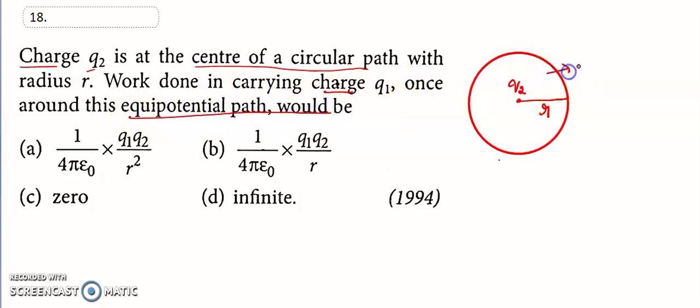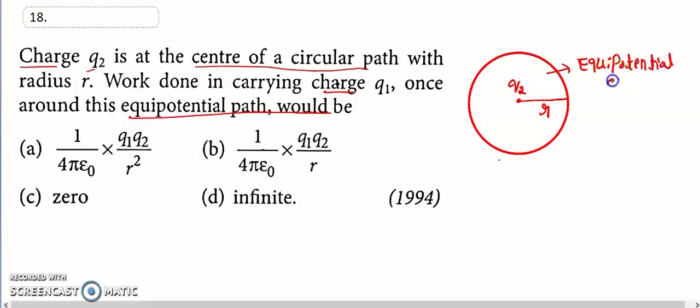So this is called as what? Equipotential surface. Okay, equipotential surface. So what is the work done in equipotential surface? The work done in the equipotential surface is equal to 0.